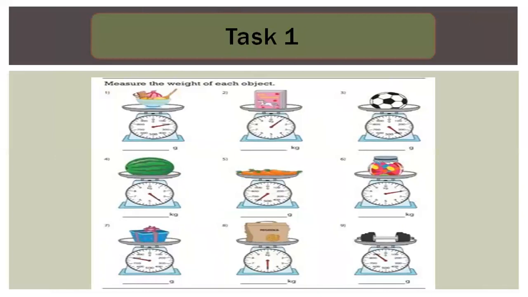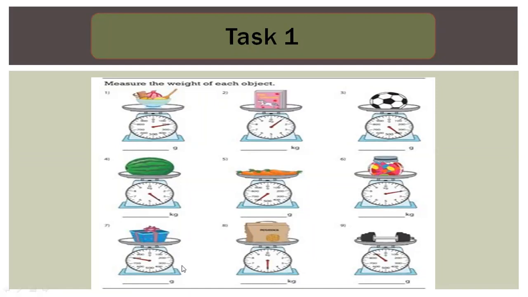Okay, boys, this is your task one. Measure the weight of each object. There are different objects on the scale. Yes, the scale is an analog scale. So you have to see where the needle is, okay? Then you can write in your notebook like 1 equals how many grams, 2 equals how many kilograms. So be careful. Some of the scales are in grams and some are in kilograms.